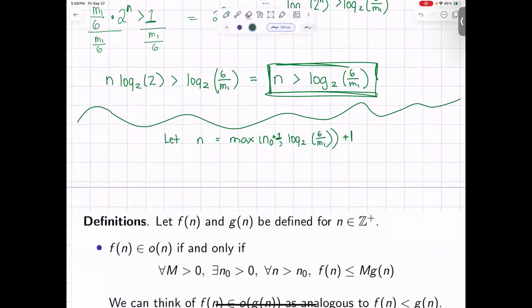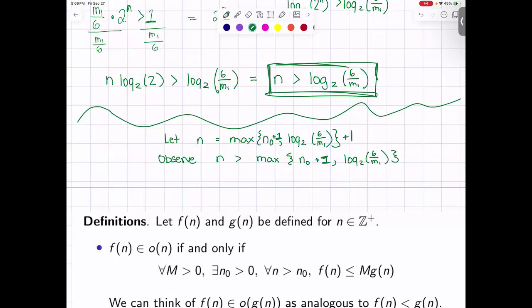Oh, my max function should be curly braces. I'm starting to fade pretty fast in my notation as it gets later in the day. And we can observe that n is indeed going to be greater than n naught plus 1. I'm going to leave that plus 1 there so that I can prove that I'm definitely over that fraction space.